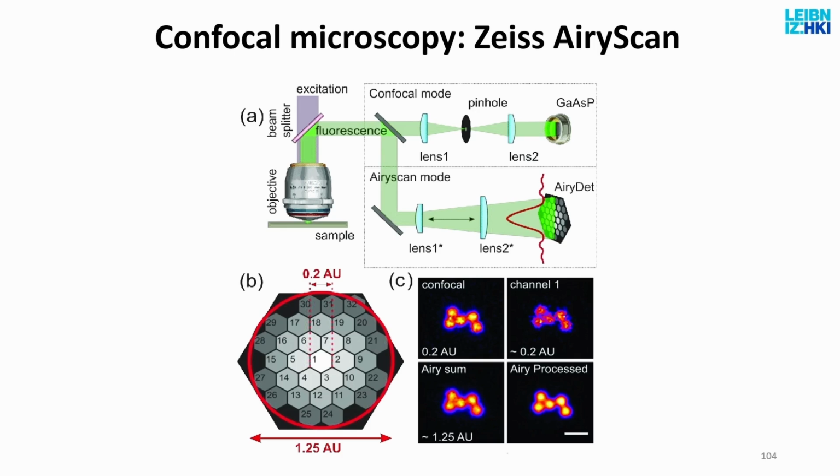So if I collect these 3, that's 0.6 Airy units. So I get the signal integrating those 7 as if I had a real pinhole at 0.6 Airy units. If I plot this signal alone, that's 0.2 Airy units. If I put these 5, that's 1 Airy unit. And the total is 1.25.